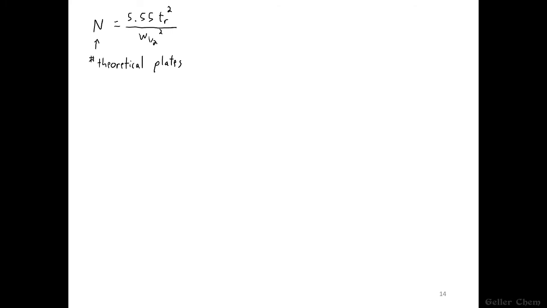And we can calculate the height of each of these theoretical plates with the following formula. H equals L over capital N, where L represents the length of the column, capital N is just the number of theoretical plates, and H represents the height of the plate.